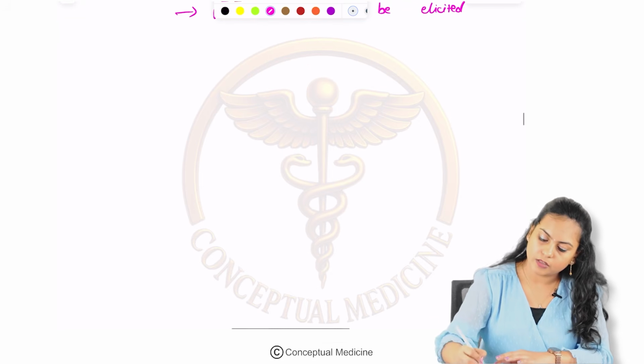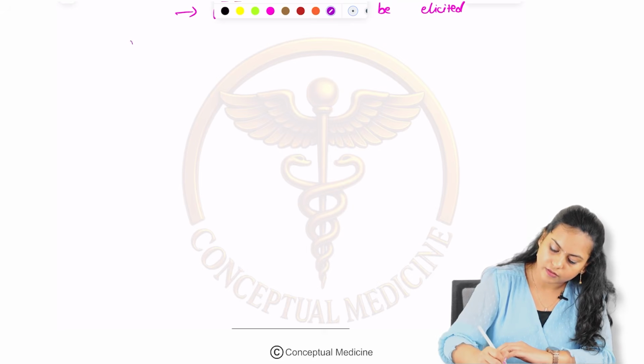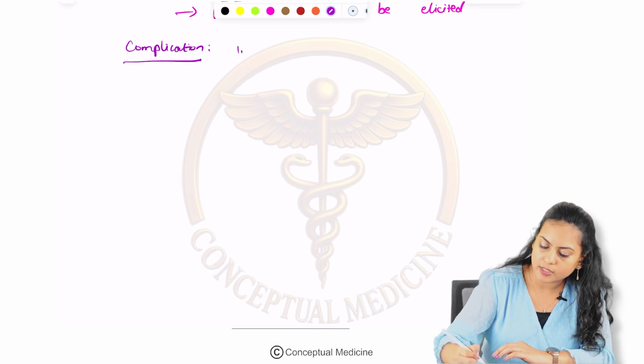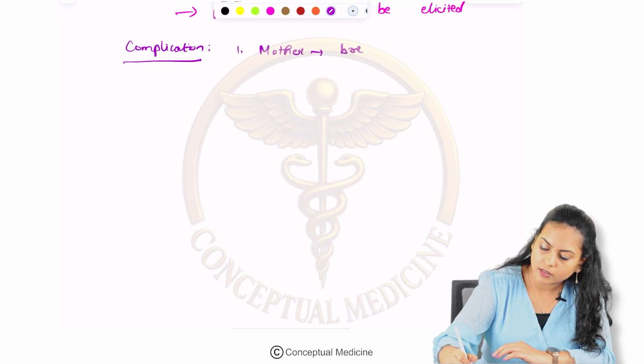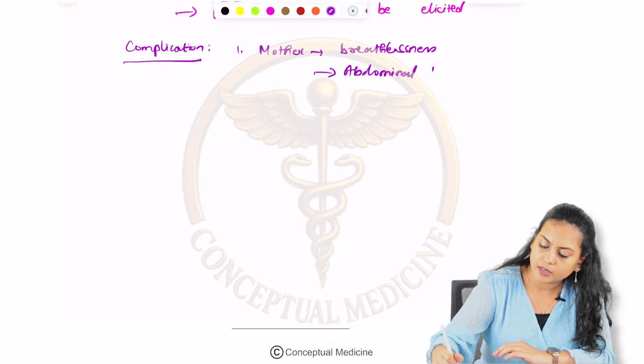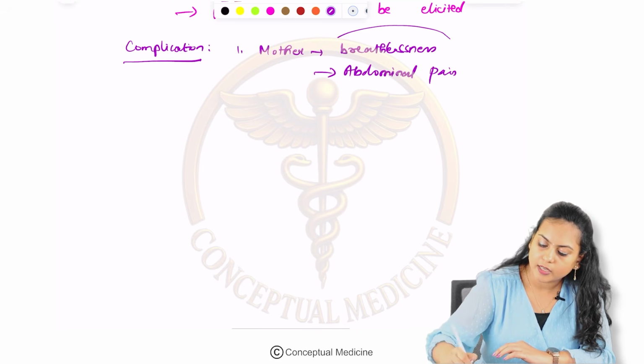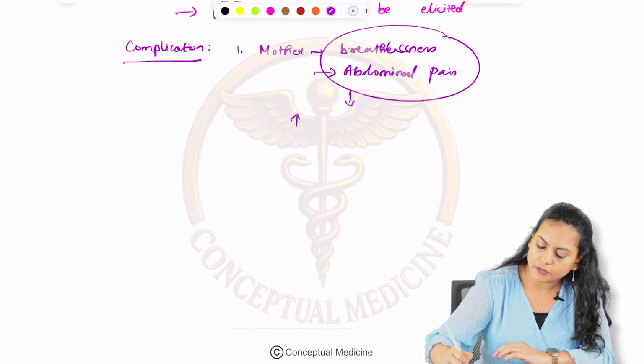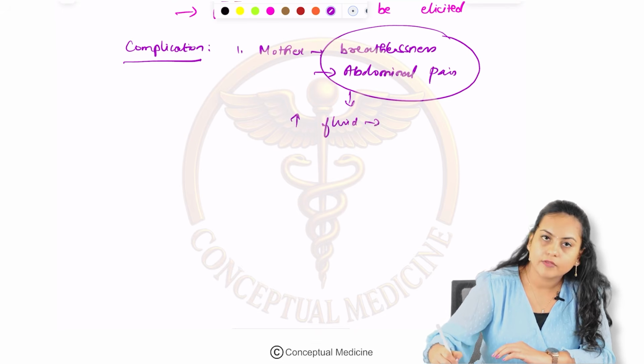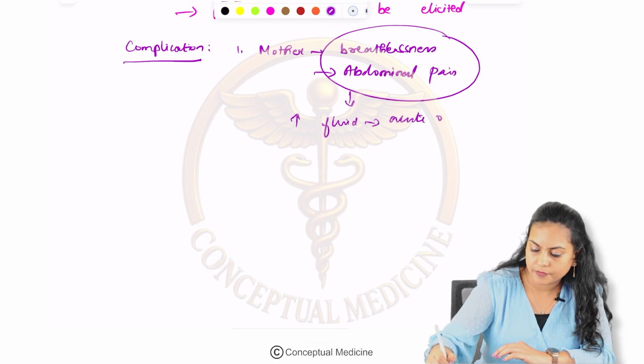Okay, so what are the complications? Especially since there is over distension of the uterus, the mother can present with breathlessness and abdominal pain, especially if the increase in fluid is seen with an acute onset.